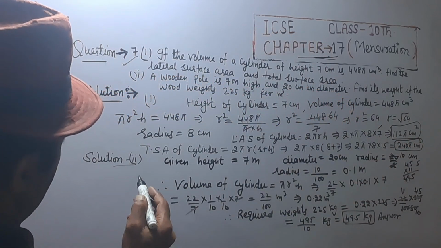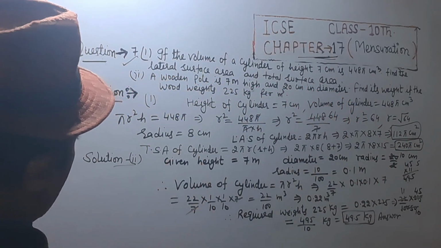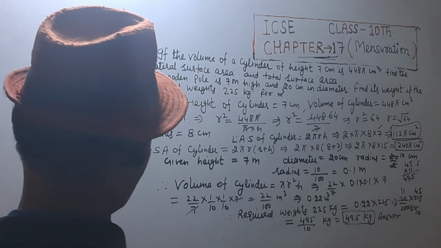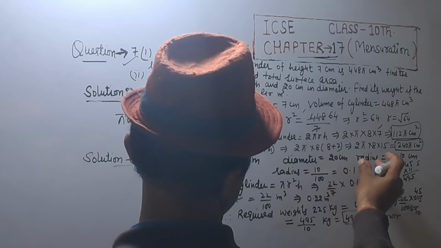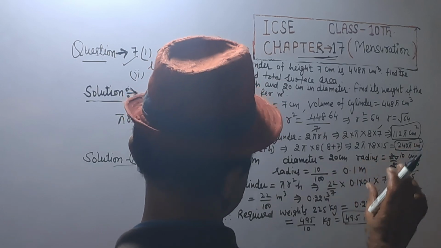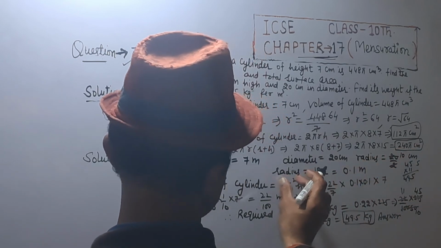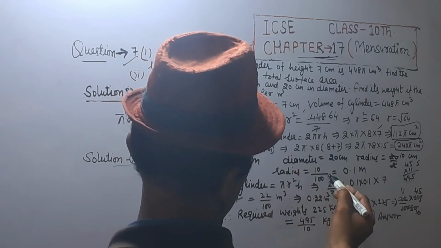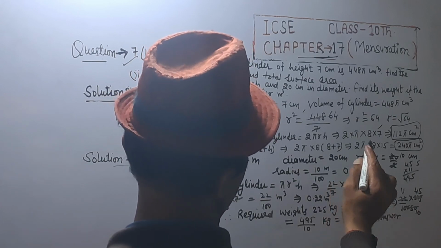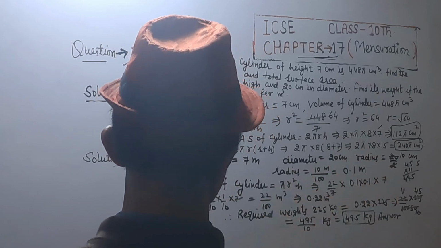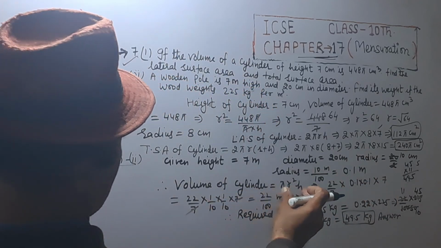Answer. And solution of second part, given height is equal to 7 meter and diameter is 20 centimeter, so its radius is half of diameter, that is 10 centimeter, and radius is equal to 10 upon 100 meter, that is 0.1 meter. And volume of cylinder is pi r square h.